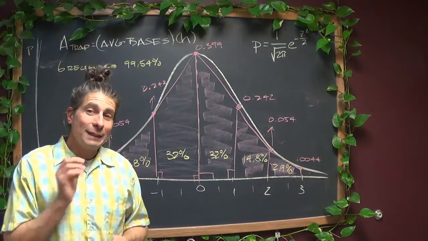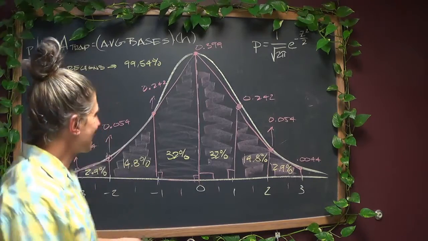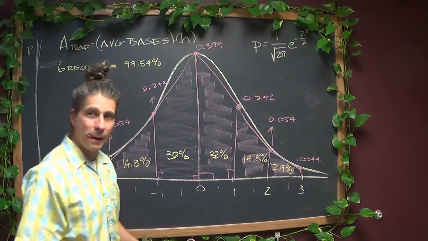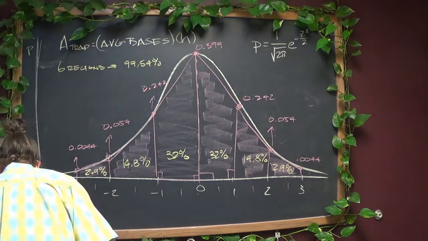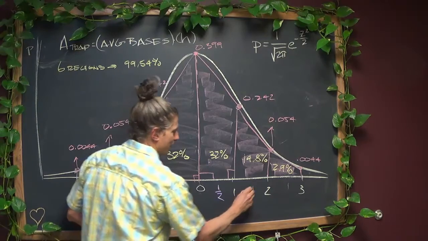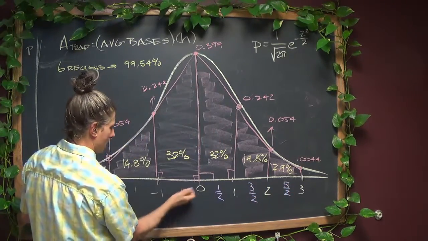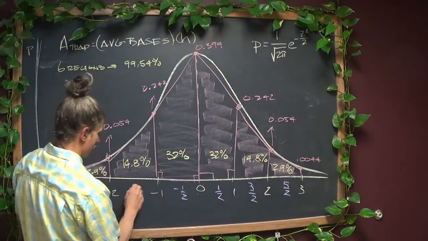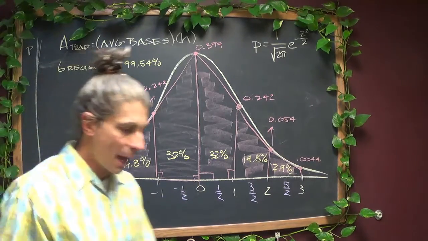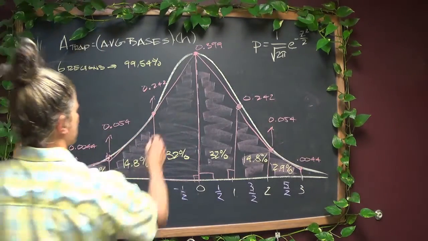So what I'm going to do next is make them fit more perfectly by, instead of gapping 0 to -1, 0 to 1, I'm going to put halves in here: 3 halves, 5 halves, -1 half, -3 halves, -5 halves. What you're going to see, and I'm going to add this in brown, will brown work?